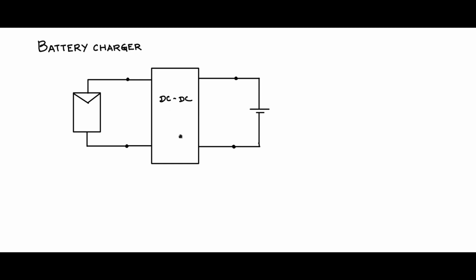So this is the DC-DC converter. It has a control input D, the duty cycle input. The output of the DC-DC converter is connected to the battery, and therefore the voltage is fixed by the battery, because the battery is a source. Across the battery you may have a load connected like this.